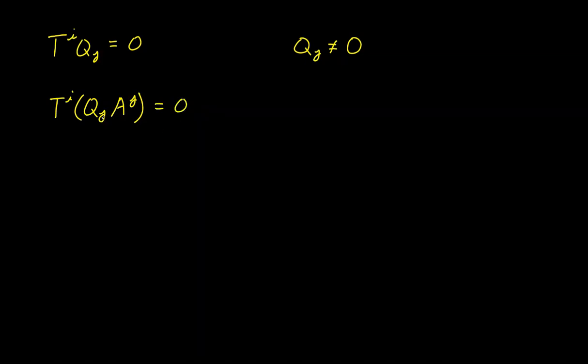All right, and that scalar value will not be equal to 0 because we know that Qj is not 0, nor is A. So this is a non-zero scalar value, and therefore it has a reciprocal. We can now multiply both sides of the expression by the reciprocal of this value, and that will lead us to the fact that Ti is equal to 0. We are able, in effect, to cancel the factor of Qj out, leaving us with Ti equals 0.